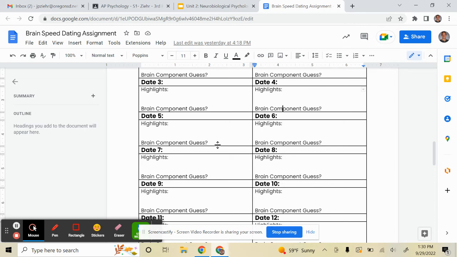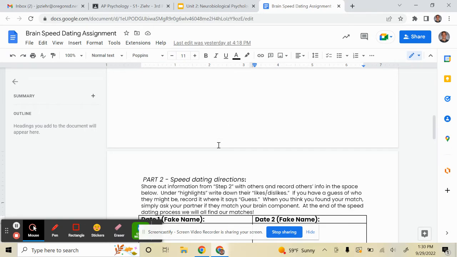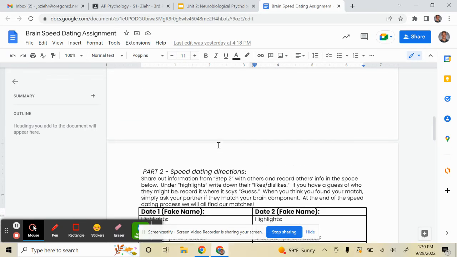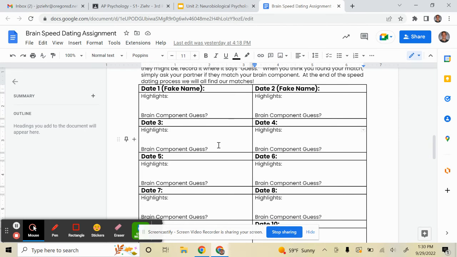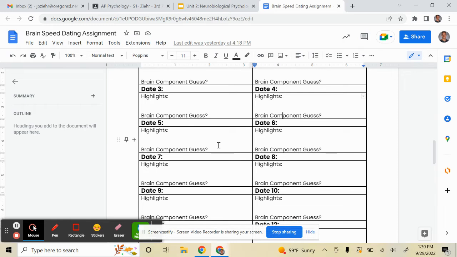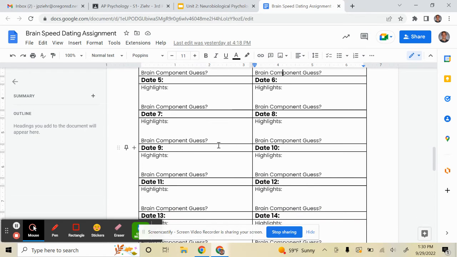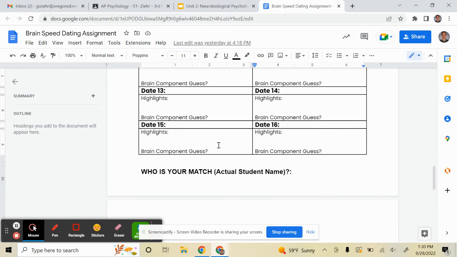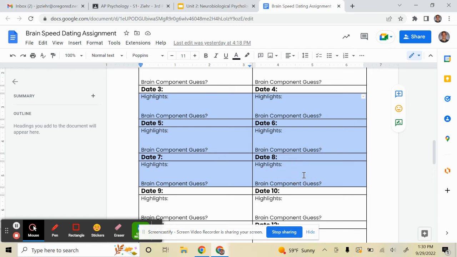So there is a possibility that you're in a set of 3. And I think maybe what I'll do is I'll shoot an email to those people and let them know that they're going to be in a set of 3, so that you know that you need to find not just one other person, but there's actually going to be 2 other people that have your same brain component.